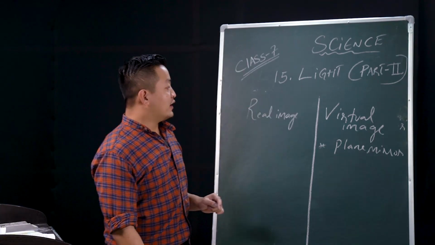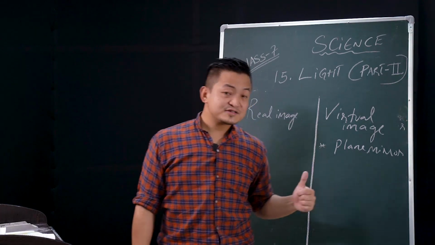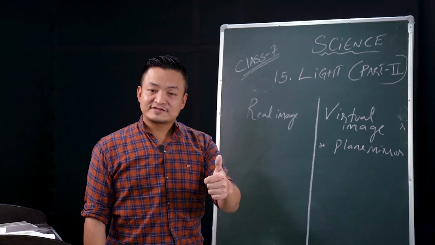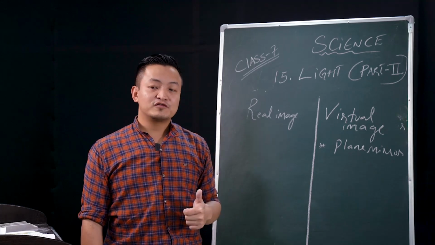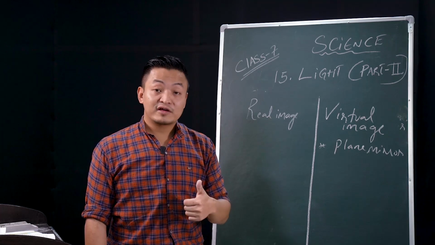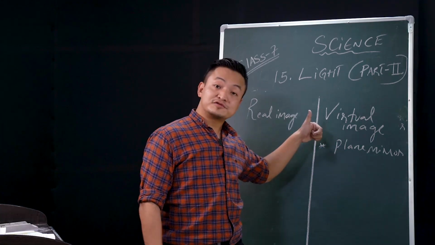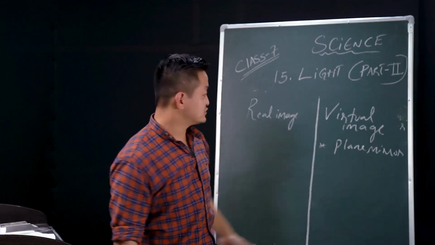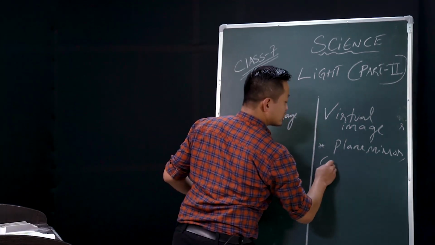Clear? Now, as we have studied, a convex mirror gives you an erect image, right? So erect images are always virtual. Clear? Erect images are always virtual. So we can also write convex mirror.